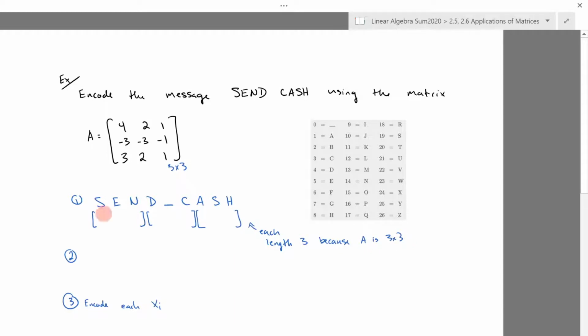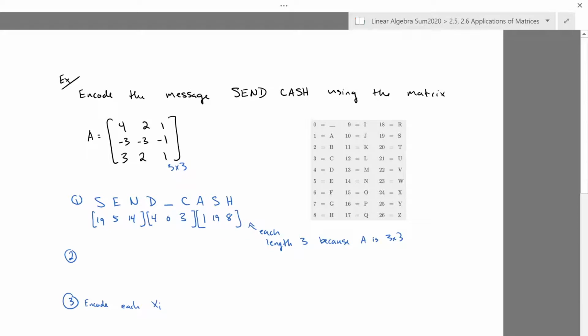Now we have to translate the letters into numbers. This is the same table from before, pasted here so that it's easy to read off. S is 19, E is 5, N is 14, D is 4, space is 0, C is 3, A is 1, S is 19, and H is 8.